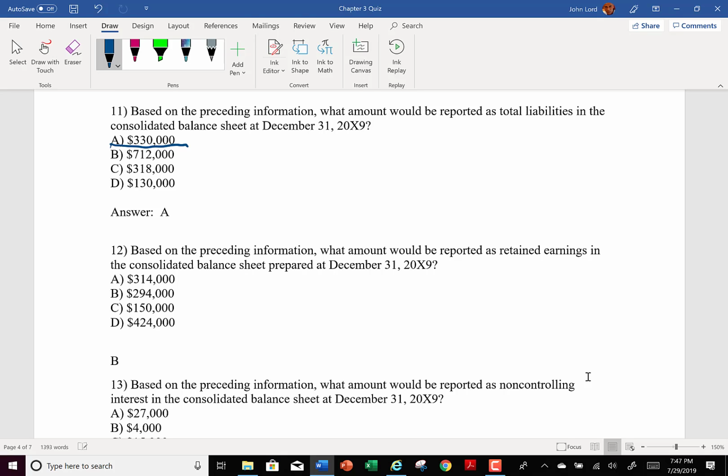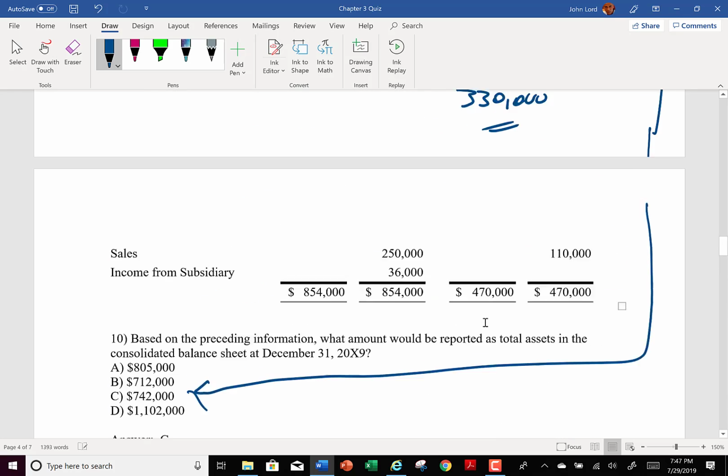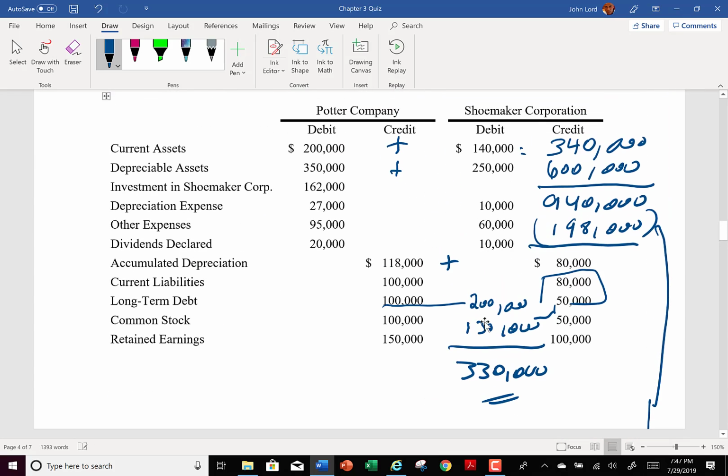Okay, so that's what I'm going to do. That's the easy way to answer it. And I'm going to put that on the board just so we can see the numbers as we go along here. At the end of the day, we're going to report the parent's retained earnings, right?